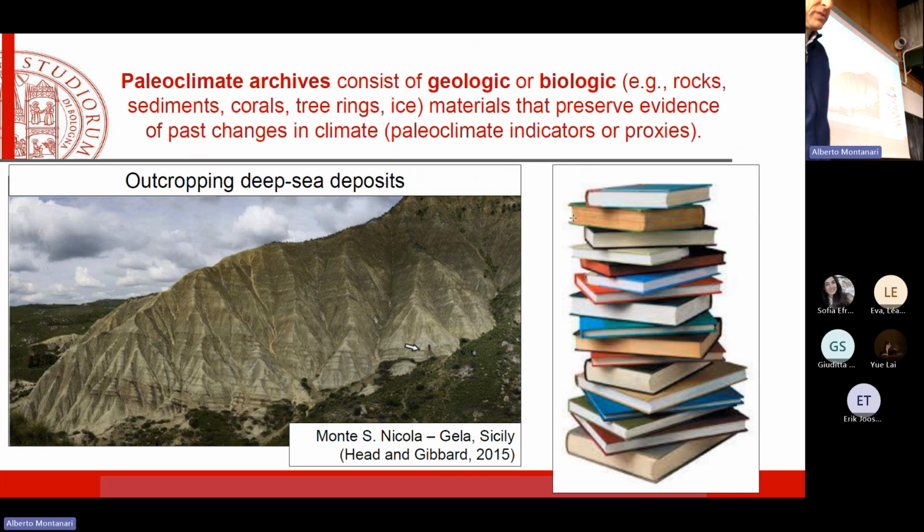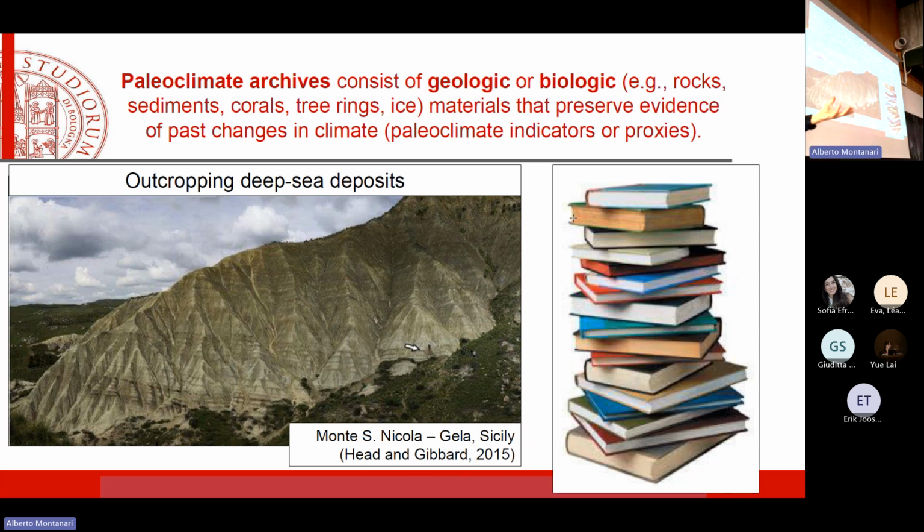So this is a first example. I already showed you this picture. It's Monte San Nicola in Sicily. And it's a good example because you see the layers, the stratigraphy. And if you look inside these layers, you find remains, fossils, which are very good indicators.